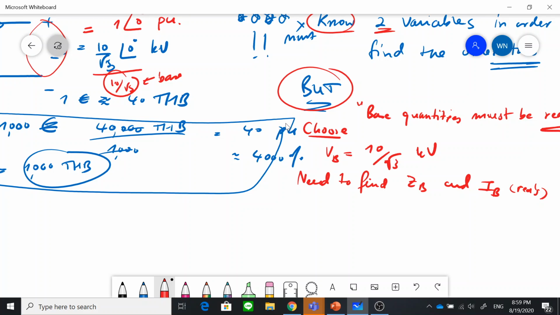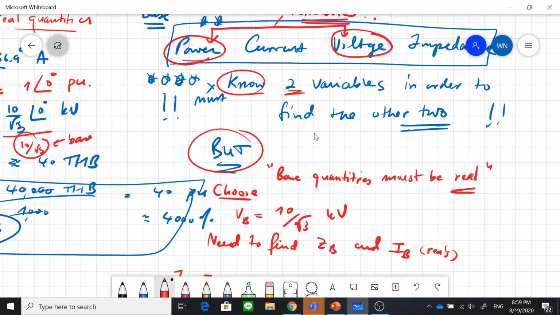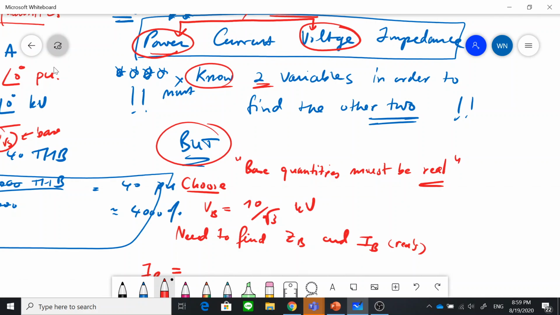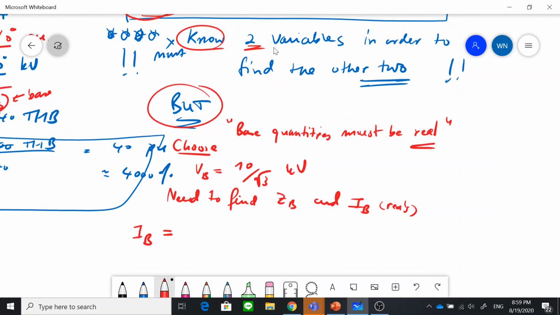I will do the I base first, because for the I base you must know the power. One of the remaining requirements is that we need to know voltage and we need to know power. You know that the power is a multiplication of voltage and current. Now we will specify like this.